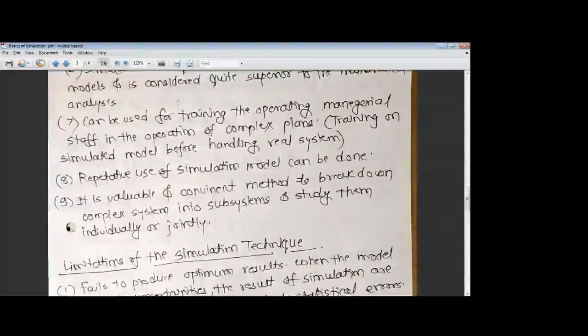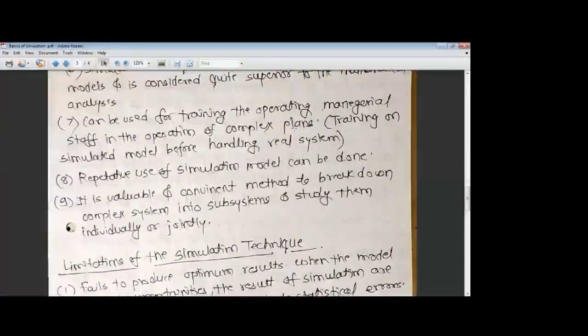It can be used for training the operating managerial staff in the operation of complex plants before going on the real system. For example, let's consider I have an aeroplane manufactured by Boeing. It is a very huge aeroplane, and the company has invested crores of rupees purchasing that, right?